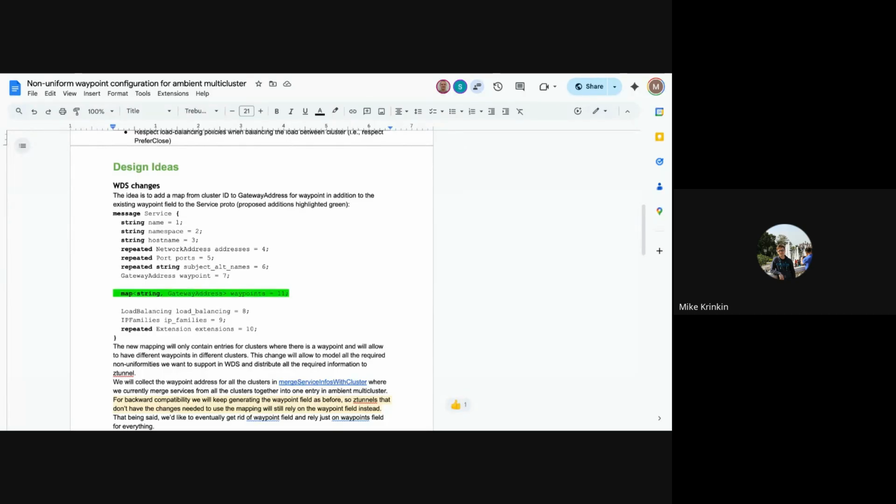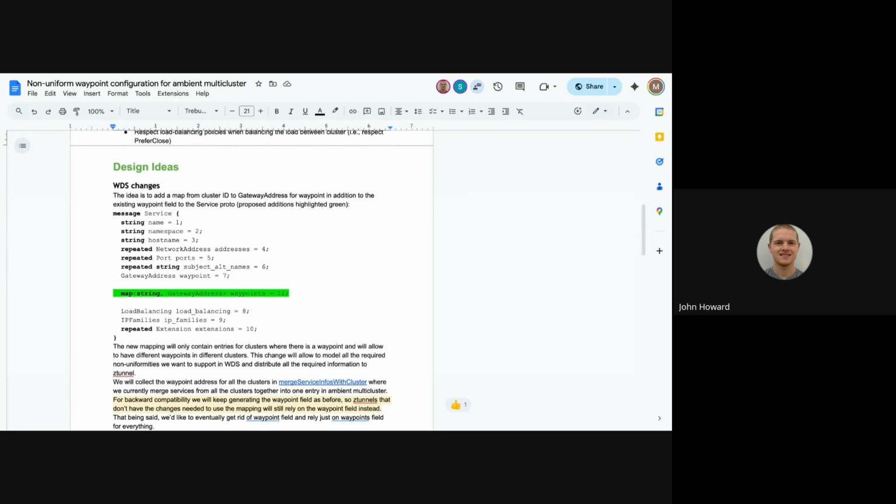The basic idea is each cluster does it independently of each other. If you create the setup organically, you may end up in a situation where one cluster has one waypoint setup and another cluster has a different waypoint setup. But I don't think that we strictly want this as an important feature.